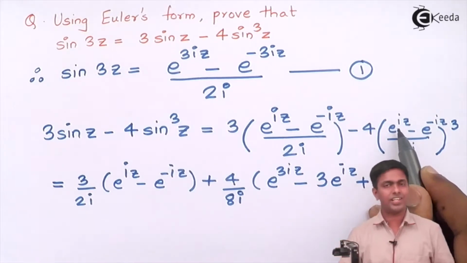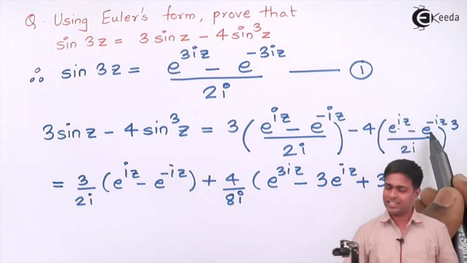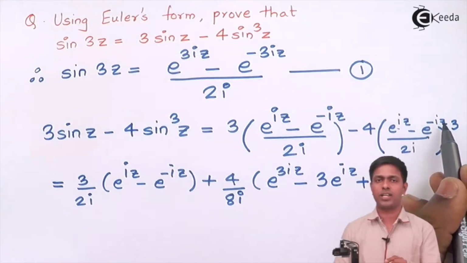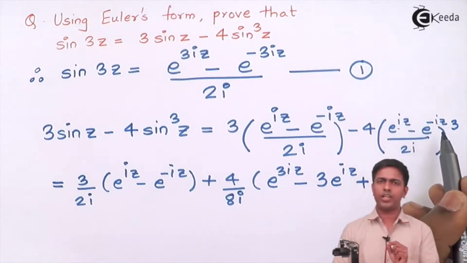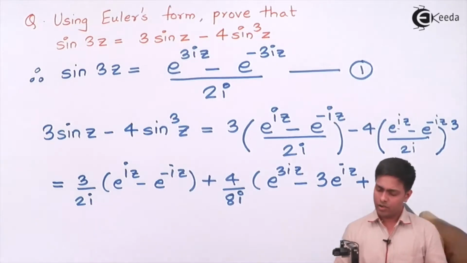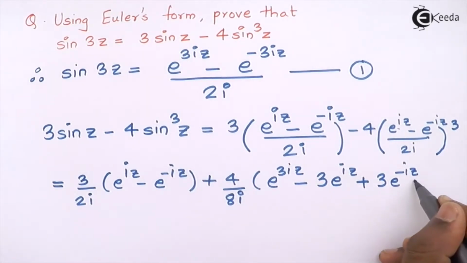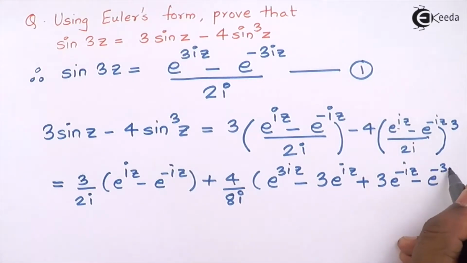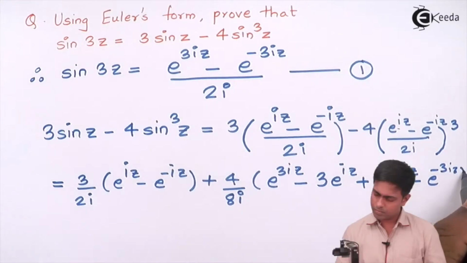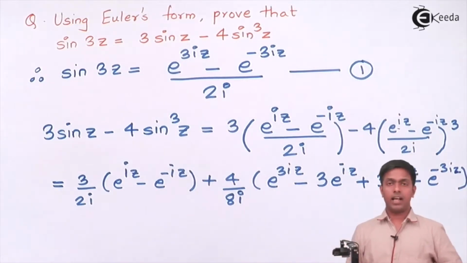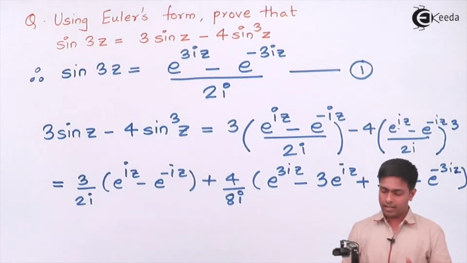So a means e raised to iz, b square, that is e raised to minus 2iz. So e raised to iz into e raised to minus 2iz will be e raised to minus iz, and minus b cube, that is e raised to minus 3iz. I think this expansion is clear to all.